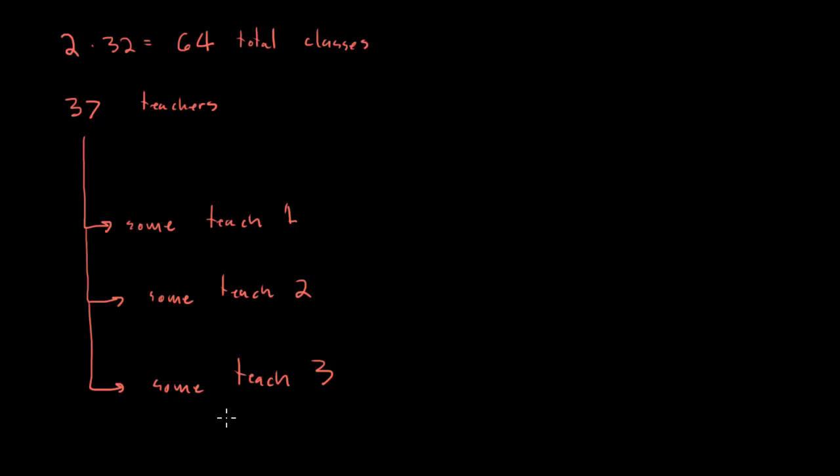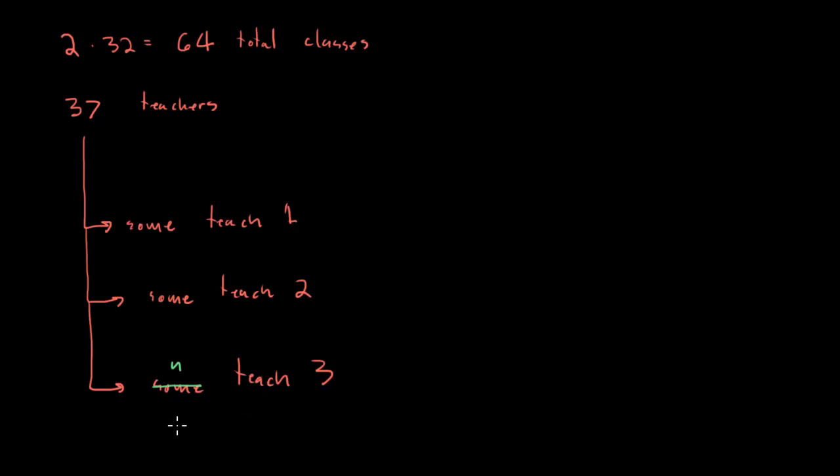All right, what else do we get? What are they asking? If the number of teachers who taught 3 classes is n, so we're given a variable for how many teach the 3. So I'm not just arbitrarily saying some. I'll say n of our 37 teach 3. Then the least and greatest possible values of n respectively are.